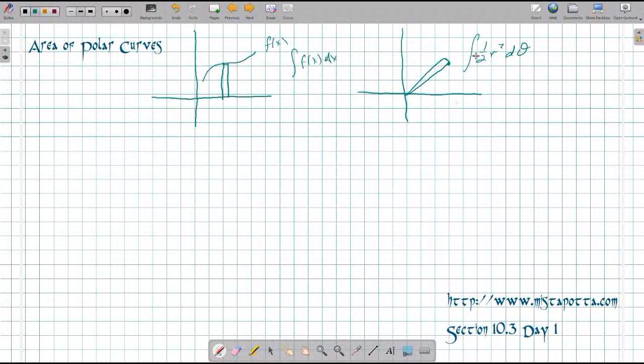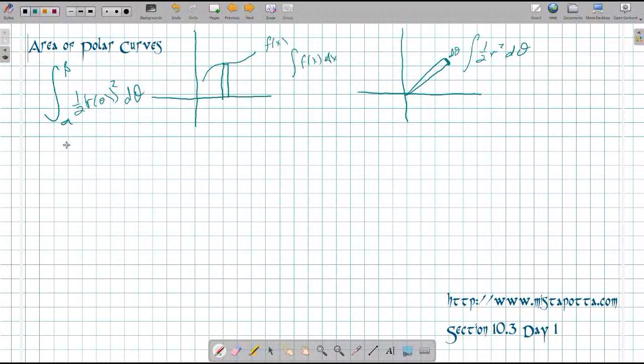The 1/2 r squared comes from the portion of a circle that we're talking about, and our difference here is the change in theta. So the area of a polar curve is going to be given by the integral from some angle alpha to some other angle beta of 1/2 my function squared d theta.